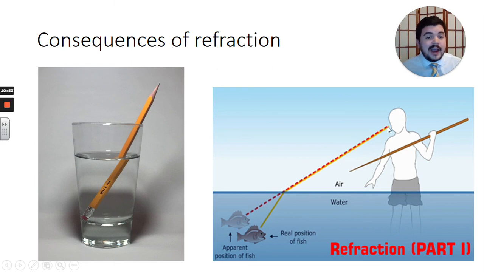And so where your eye thinks the fish is is along this straight line path down here. So where your eyes see the fish is higher than the fish's actual position because of refraction. So if you're going spearfishing, you should actually aim lower than the fish's position that your eye sees, because the fish's actual position is lower than what your eyes are seeing.